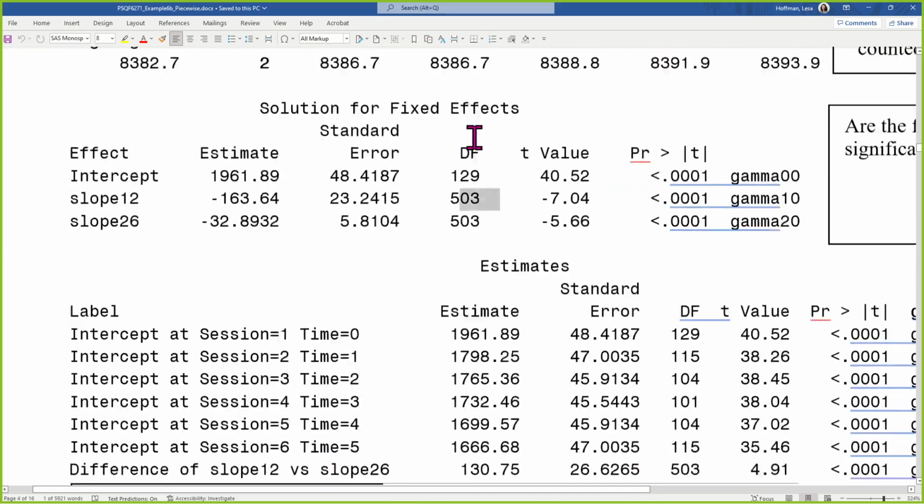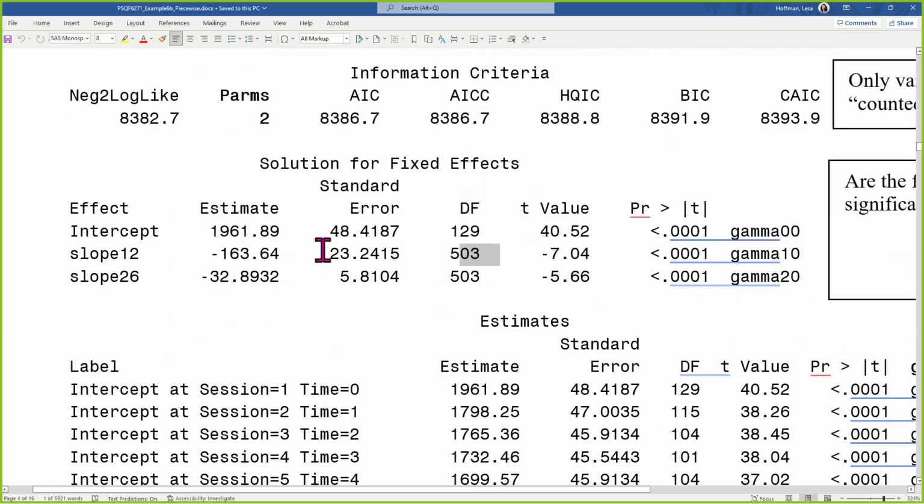Can you repeat that, please, Lisa? Sure. So denominator degrees of freedom. The difference in why the intercept looks different than the others is because the fixed intercept has a corresponding random intercept with it. And in Satterthwaite, anything that has a random effect, the degrees of freedom look more like level 2.